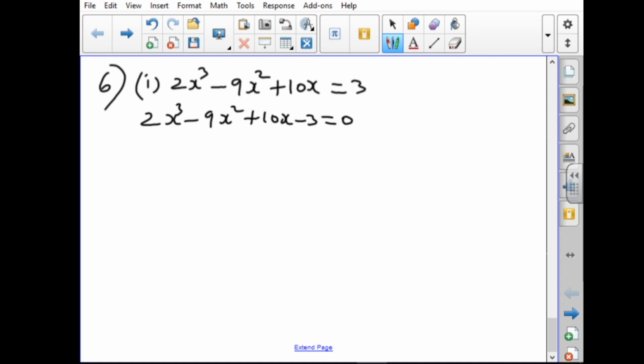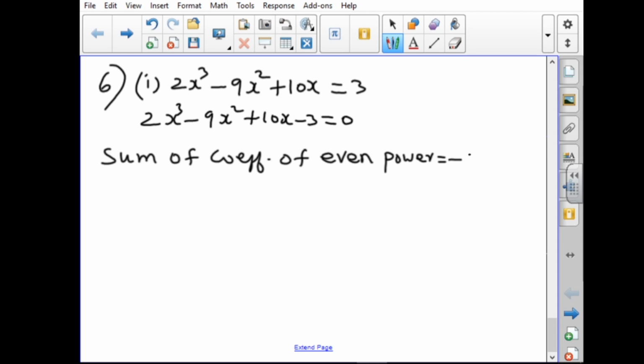So we know the results. So find the sum of the coefficients of odd power and even power. So sum of coefficients of even power: even power is minus 9x square and minus 3x power 0.